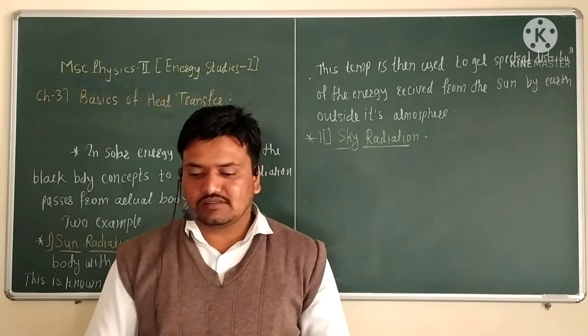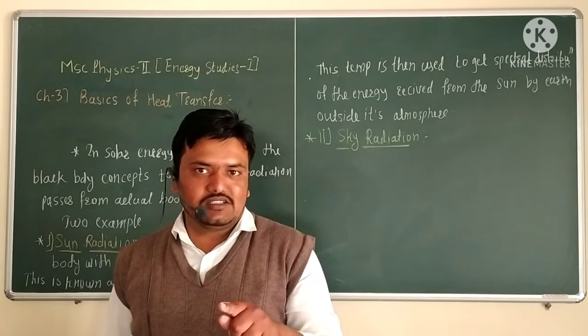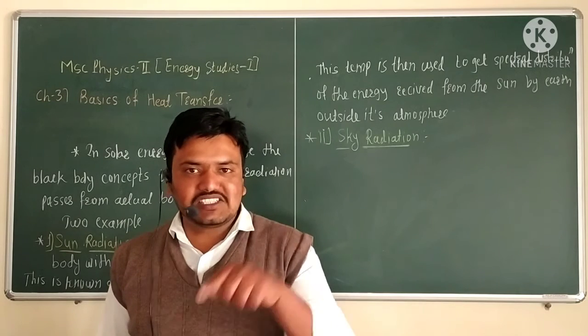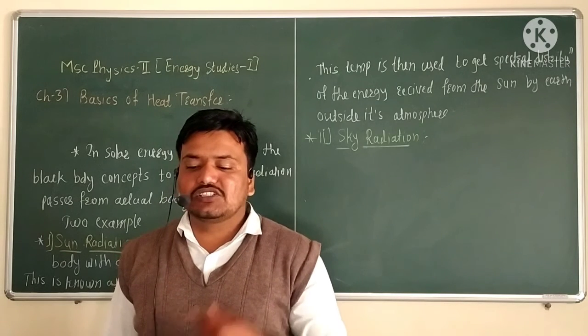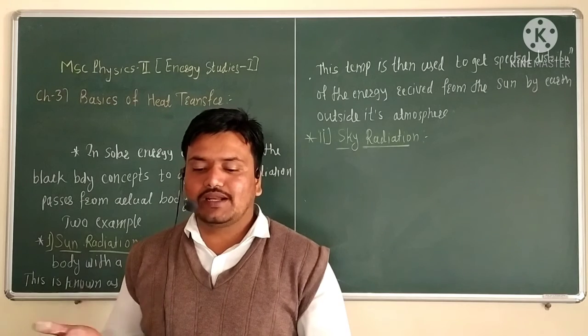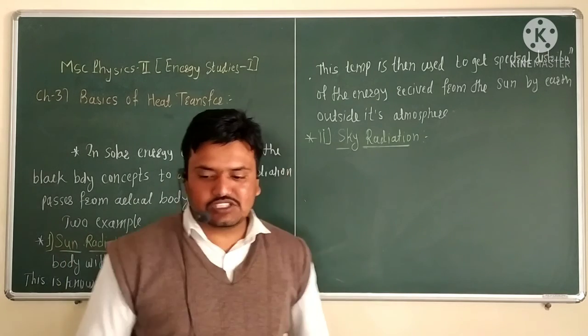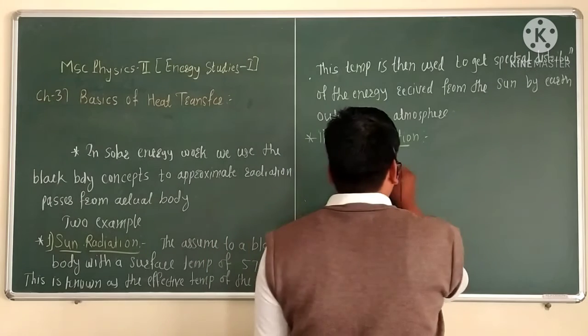In sun radiation, the sun is our black body, and in sky radiation the sky is considered to be a black body at some equivalent sky temperature.